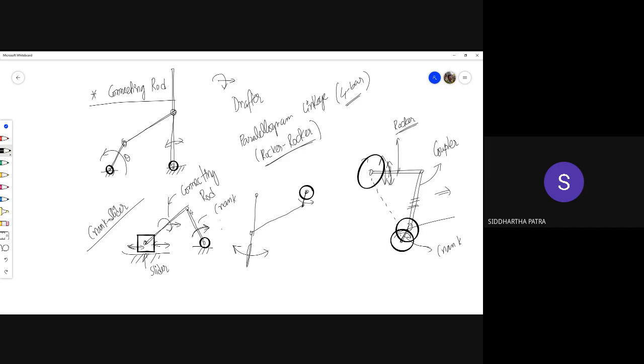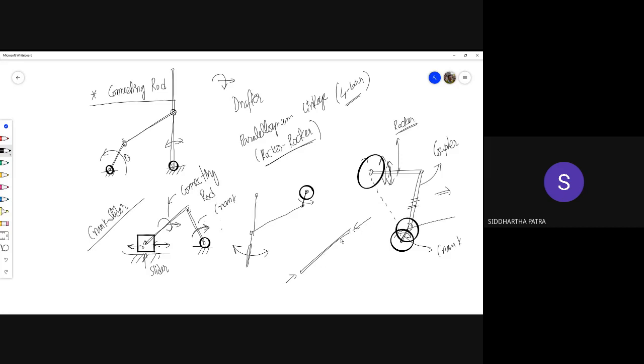Also, one would have argued that this one only is connected to two bodies. One is the piston, the other one is the crank, through two pin joints, which would have made it a two force member, the point being that the force on it would pass along its length. But that's not the case, because it is not stationary, it is not in equilibrium, it is going through motion.